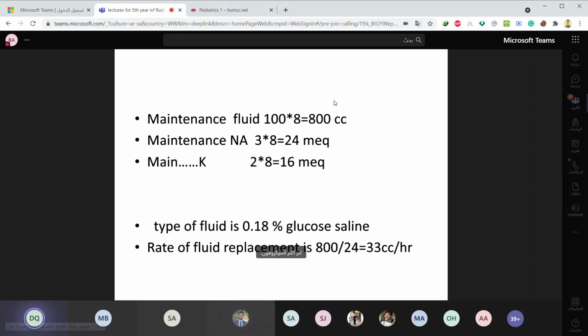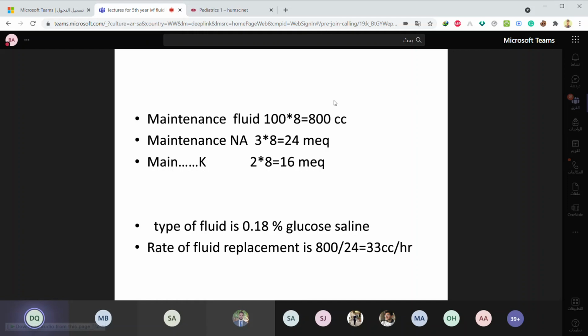We have a preparation ready in our hospital in Jordan, 0.18% glucose saline. In the books you may see 0.2%, which is equivalent to fifth normal saline, meaning it is one fifth of normal saline as a concentration.